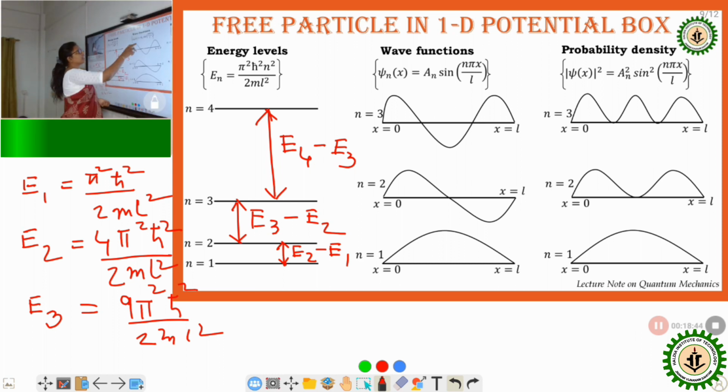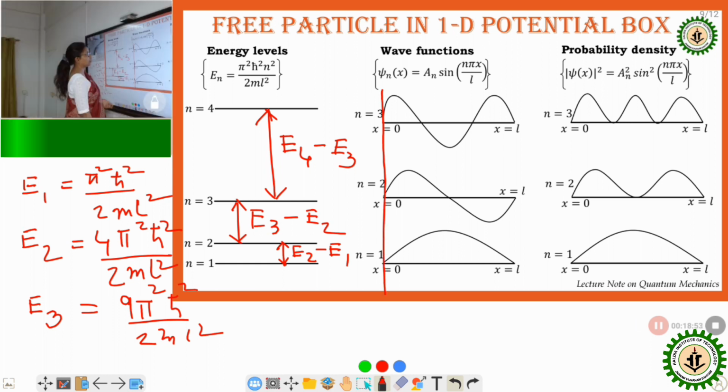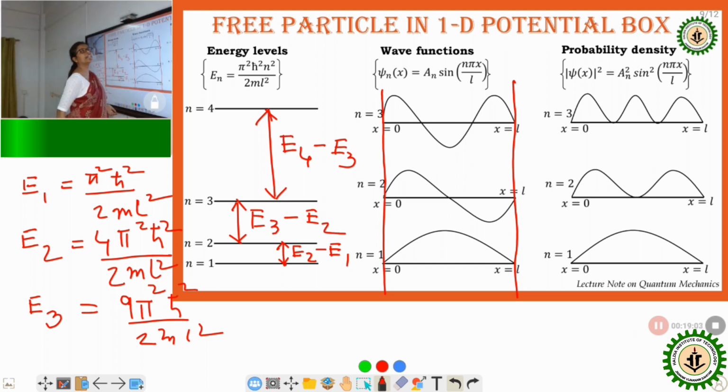If I draw a line here, that means I am giving you the wall of the potential box, and the wall starts at the point x equals to 0 and ends at the point x equals to l.